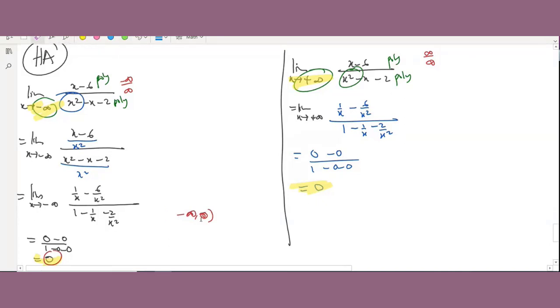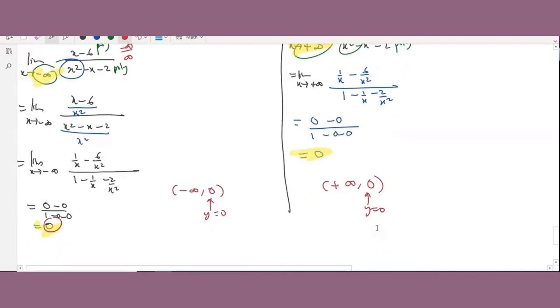Positive infinity, 0. Okay, one infinity sign, one value. This belongs to y, right? Therefore the horizontal asymptote is y is equal to 0.